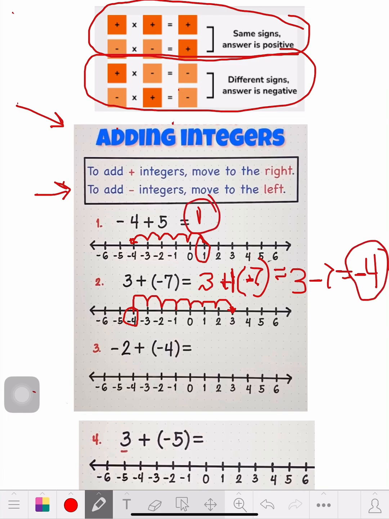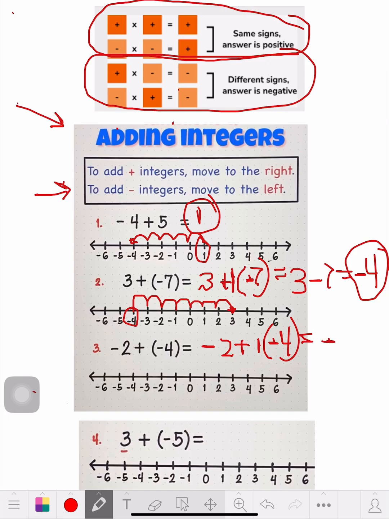Now the next one, it's the same thing. Okay, so we've got a -2 plus, and now there's a little 1 outside this bracket. Okay, 1, -4, and the brackets, that equals, okay, just like they say above. If it's different signs, it's going to be a negative.